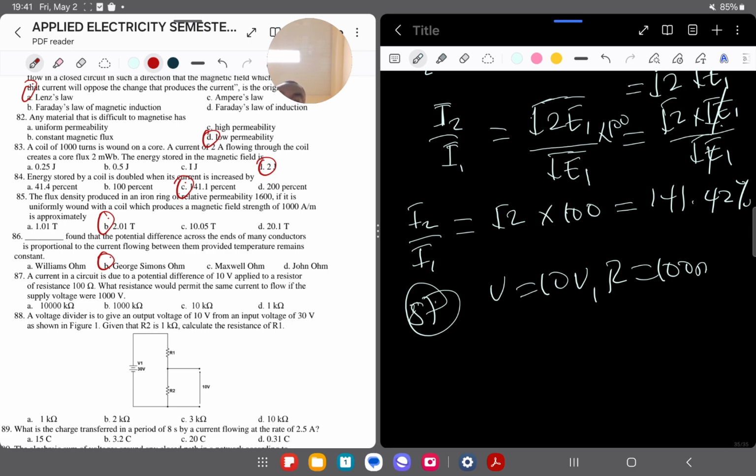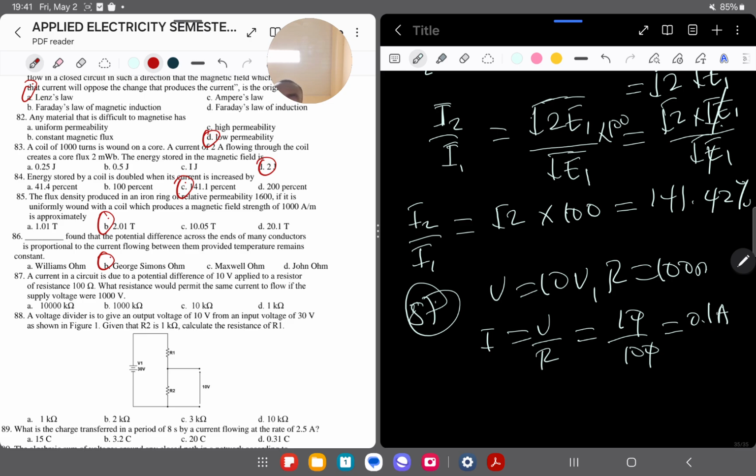So this question is just saying, in the first case, we are given the voltage and the resistance, so you can find the current, which is voltage over resistance. So you get 10 divided by 100. That will give us 0.1 ampere.